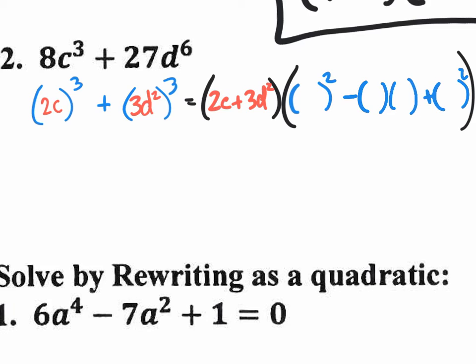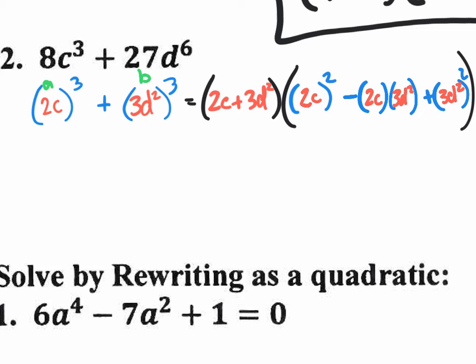Now, why is it plus? Because anything squared always gives you the answer that's positive, right? That's just a little trick to remember that your a squared is always positive and your b squared is always positive. Okay, so now let's plug in our a value, which is 2c, and our b value, which is 3d squared. So 2c right here, 2c right here, 3d squared right there, and 3d squared right there.